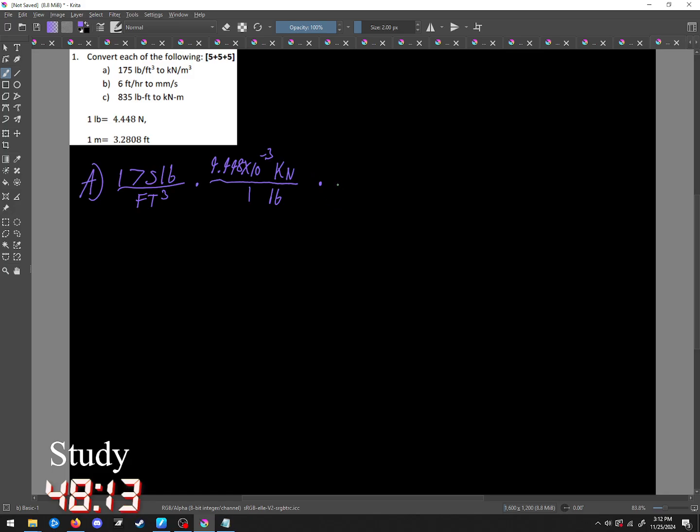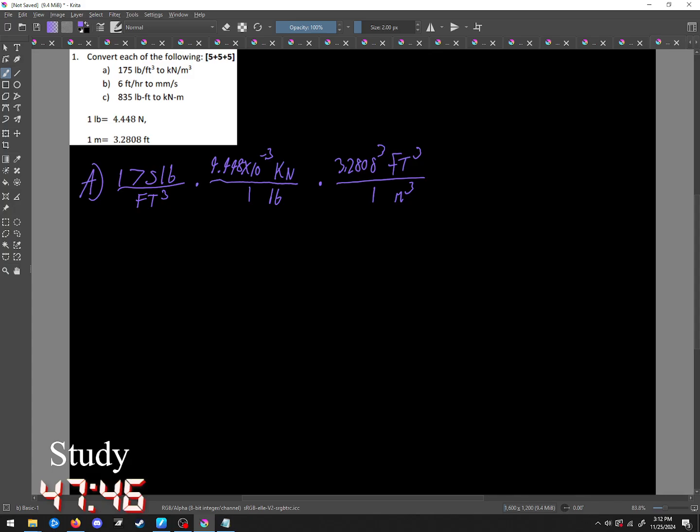And I have to get feet cubed to meters cubed. So let's put FT3 on top and M3 on the bottom, and this is going to be 1 meter, which is 3.2808. And now here's the thing: is this cubed as well? I think that is also cubed.